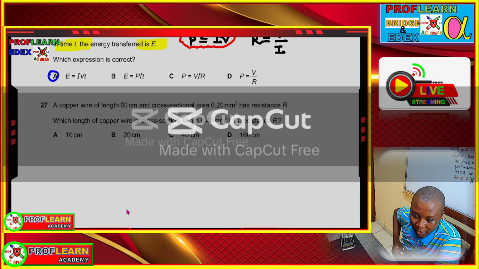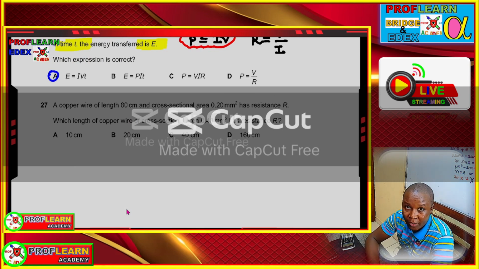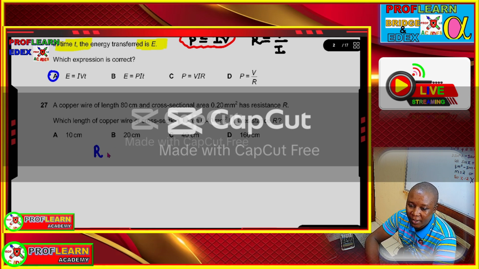Then we also have a copper wire of 80 centimeters, a cross-section area of 0.20 millimeters squared, and resistance R. Which length of copper wire of cross-section area 0.4 millimeters squared has a resistance of R? In this case, you need to remember that resistance is resistivity times length over cross-section area.